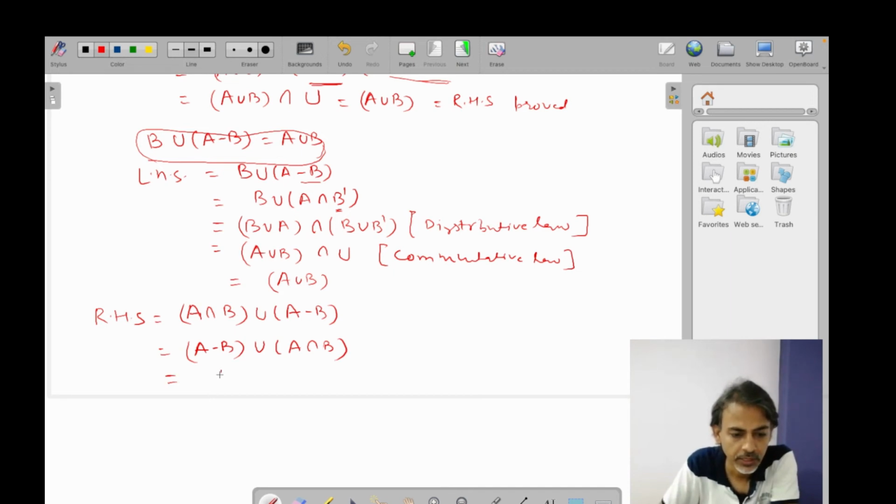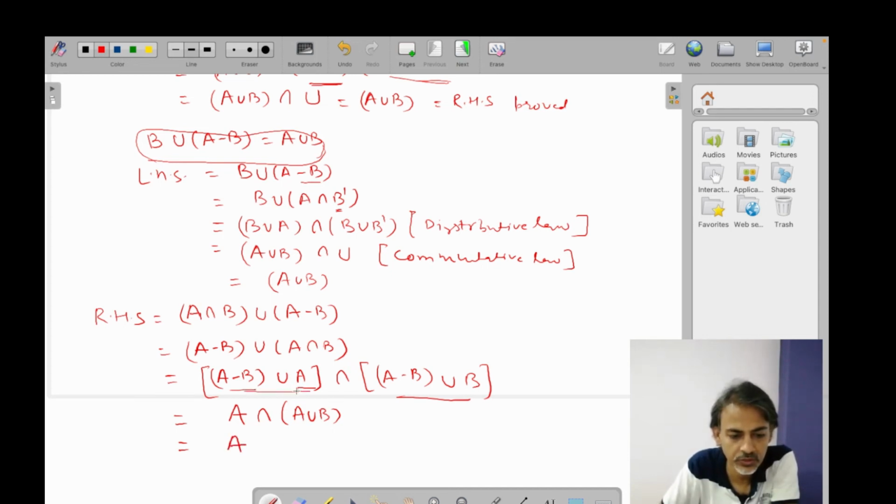Now write using our distributive law, A minus B union A and then intersection A minus B union B. A minus B union A. So anything, if you do a union of A minus B with U, it will return you an A. Whereas A minus B union B would return you A union B. And again A intersection A union B will return you set A.